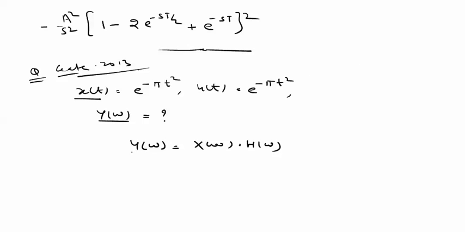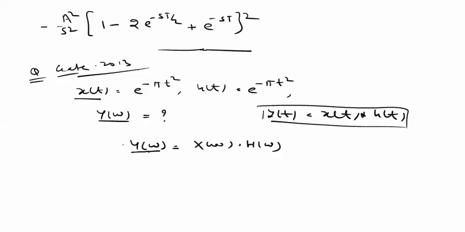To calculate the output in the frequency domain, in the time domain it is x(t) convolution s(t). We have to convolve these two terms. Since the answer will be in the frequency domain, we can multiply the Fourier transforms of the given parameters.